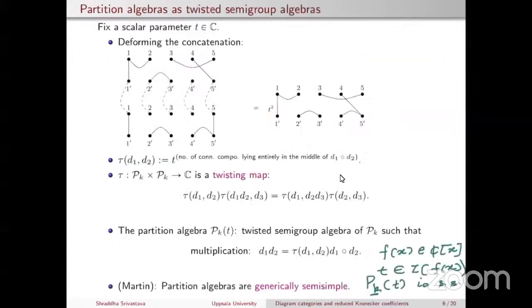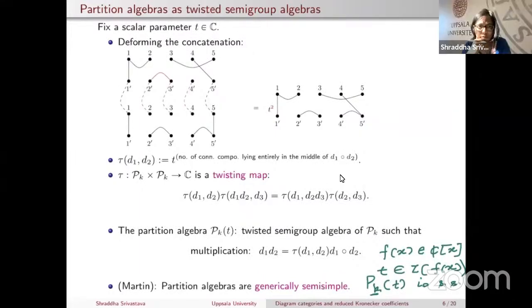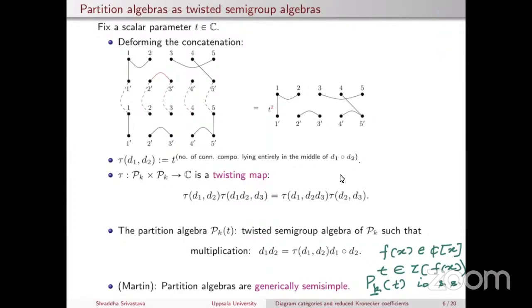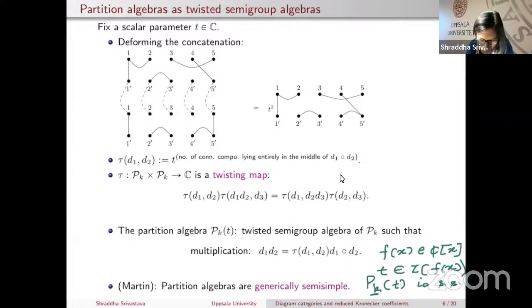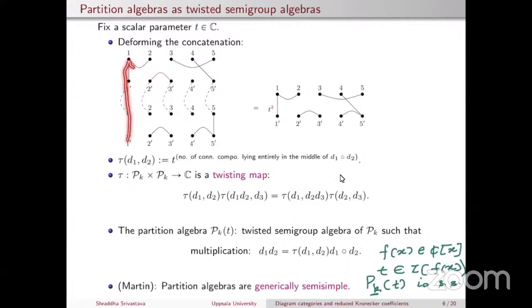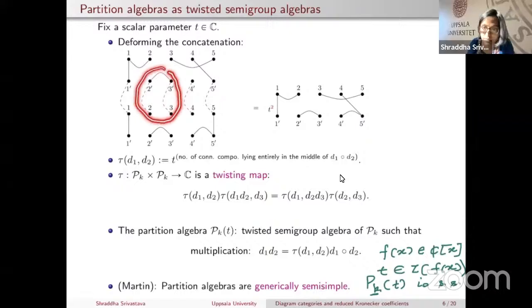Shraddha, in the bottom example, did you miss one path from 2 to 3? Did I miss some path from 2 to 3? Just look at the bottom diagram. This term completely lies in the middle, so that counts with the exponent.